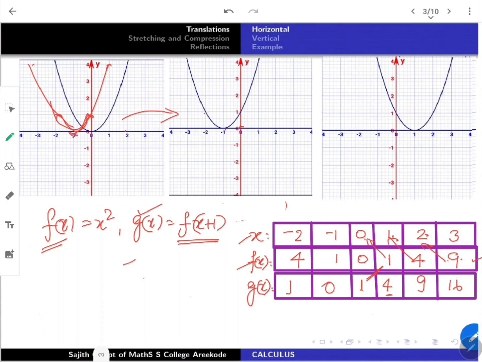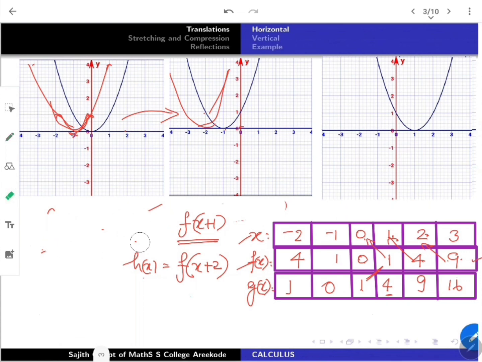So, if I am just writing h of x, for example, f of x plus 2, then the shifting should be again 2 units to the left. So, this is the effect here. In general, one can state and convince ourselves like this.